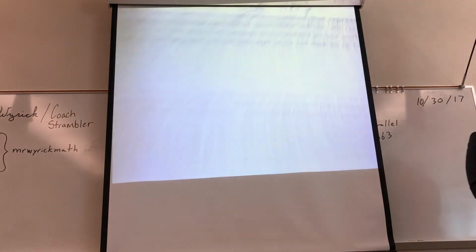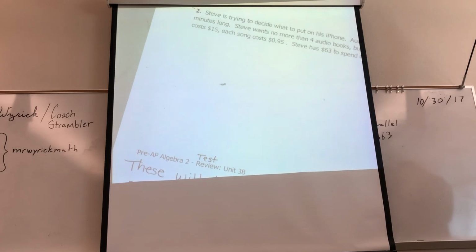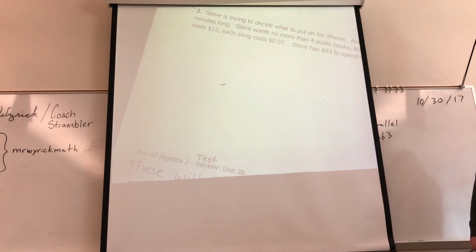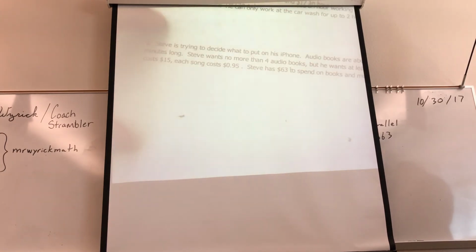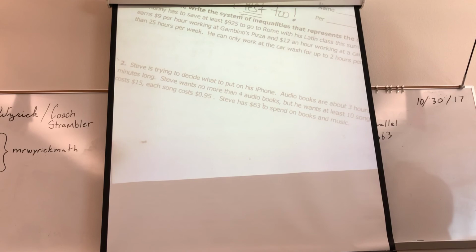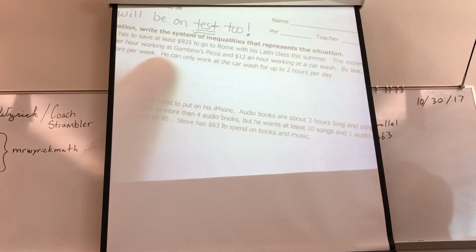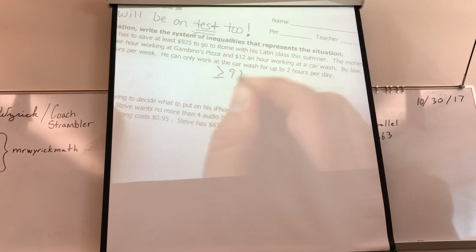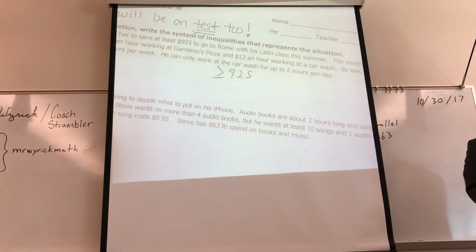On the very back page, this kind of stuff you can expect on the test. Again, it's multiple choice. You just have to really be able to set up that system to know what they're talking about. If Ronnie's going to save $925 to go to Rome, and it's at least, that means if he has more money than $925, he's going to be great.